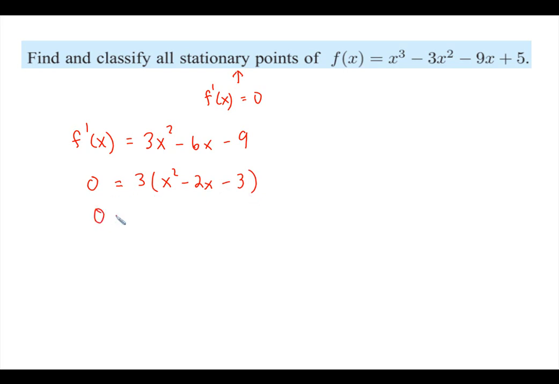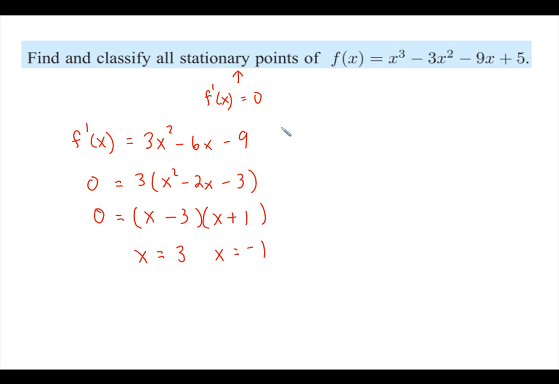If I continue factoring this, we've got (x minus 3)(x plus 1), so that gives us a negative 2 in the middle. The values that will make these factors 0 are x equals 3 or x equals negative 1. So once you have these values, you find the derivative, set it equal to 0, and find these x values.